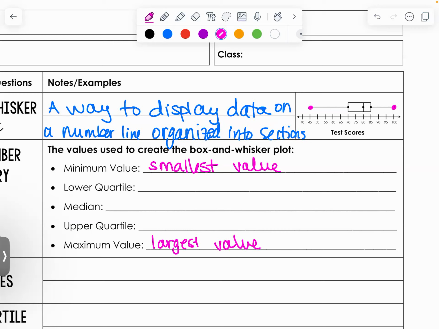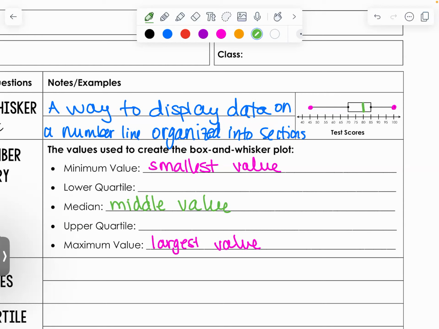Now, we get the box by using these three calculations right here. The median, you already know what that is. It's the middle value. But then we have these words called lower quartile and upper quartile.